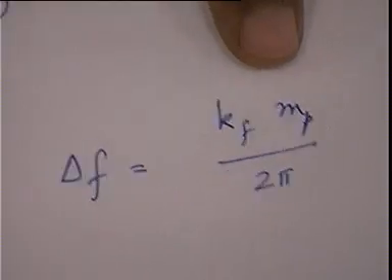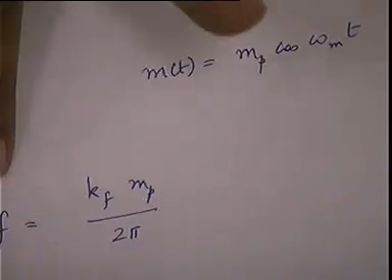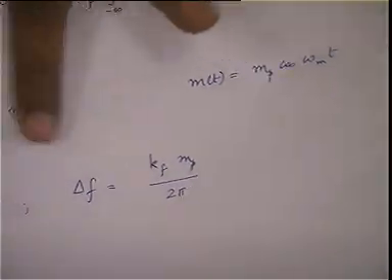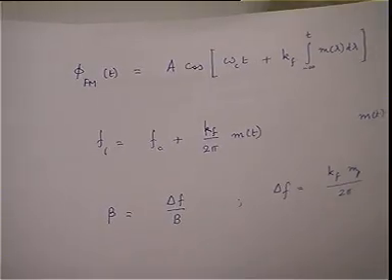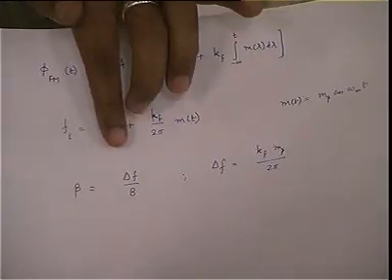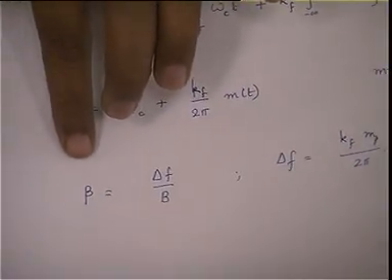What is Np? Np is the amplitude of the message signal. So delta f, the frequency deviation, divided by B, where B is the bandwidth of the modulating signal, is given by beta, which is the modulation index.